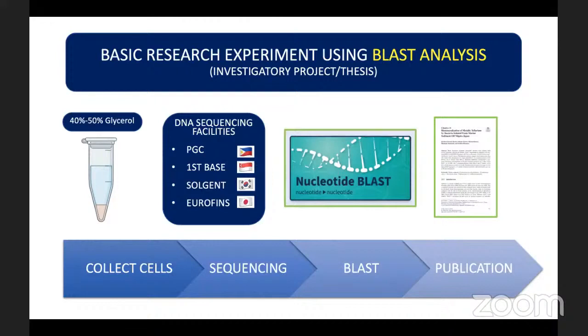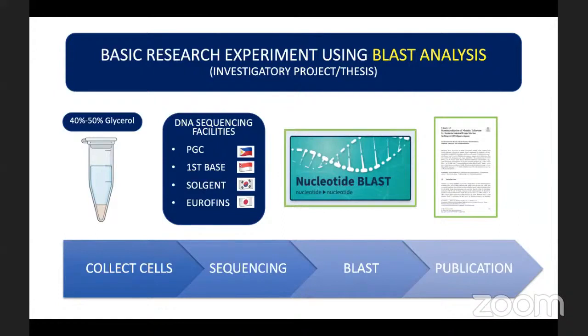If they accept the bacterial cells that you have without extracting the DNA, then that's better, because you can save time and money in processing or identifying your sample. After getting the DNA sequence from the DNA sequencing facility, you have to do the proofreading and assembly of the DNA sequences.